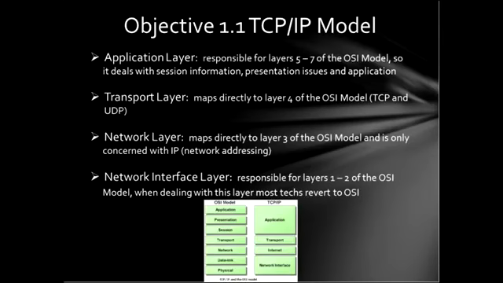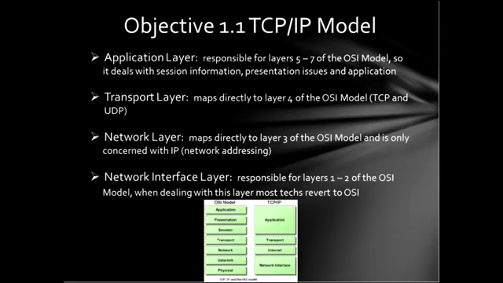And the reason they do that is that sometimes it's hard to break out those 2. But when you're having a problem, most technicians go back to the OSI model because it breaks things out a little bit farther and it's a little bit easier to deal with.